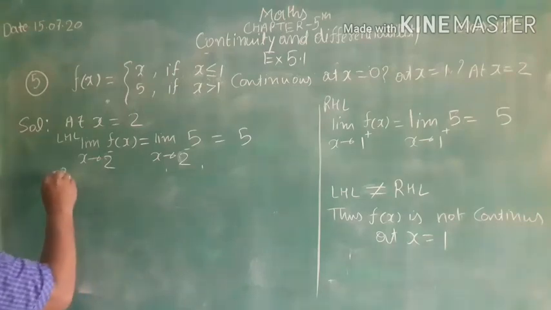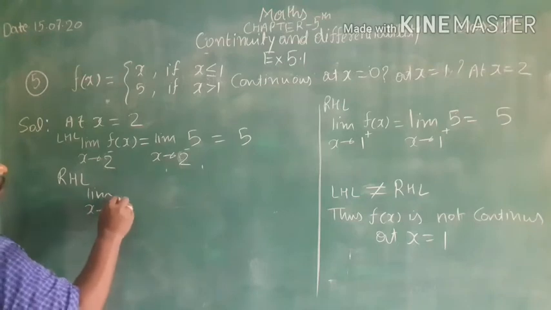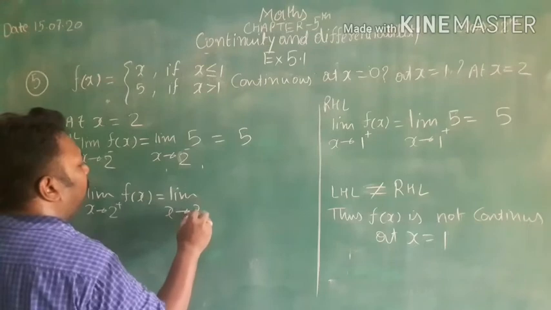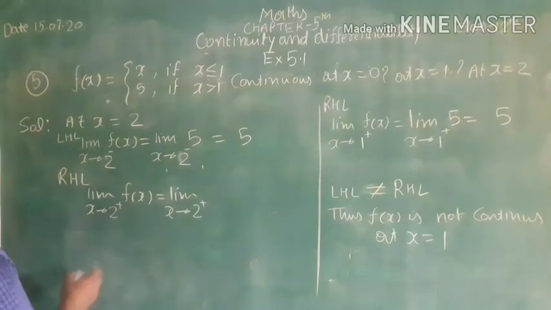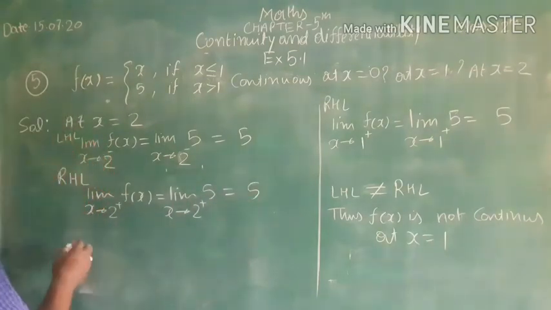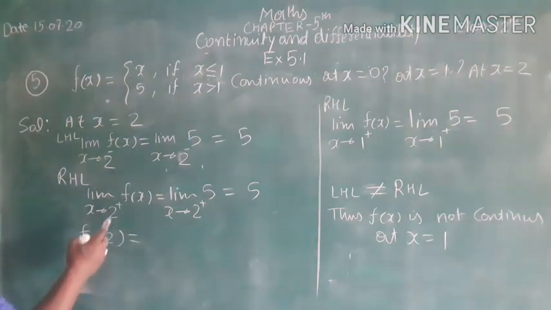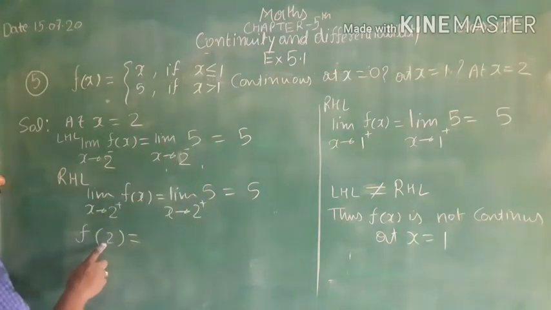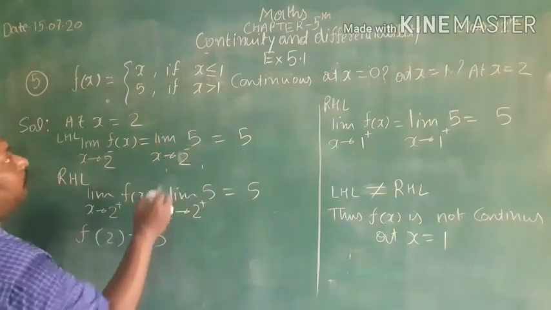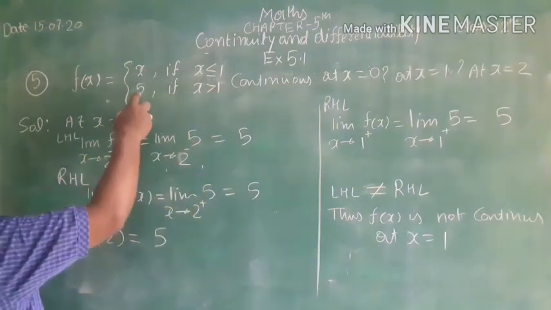Now we find out RHL. RHL, limit x tends to 2 plus f(x). So limit x tends to 2 plus, in place of f(x) we put the function. For 2 plus we also put value 5. Then we find out the value f(2). For 2 we write down the value 5, because if x is greater than 1 then we get value 5.